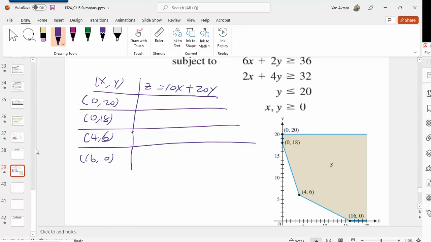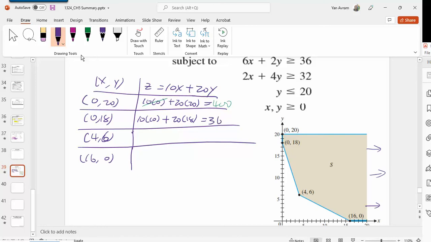All right, and then that's it, because this can keep going on and on. This can keep going on forever. So we're going to find this one right here. This is 10 times 0 plus 20 times 20. So this whole thing is 0, so this will be 400, right? And then this one will be 10 times 0 plus 20 times 18.